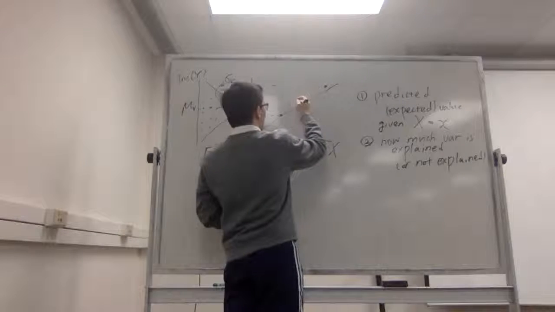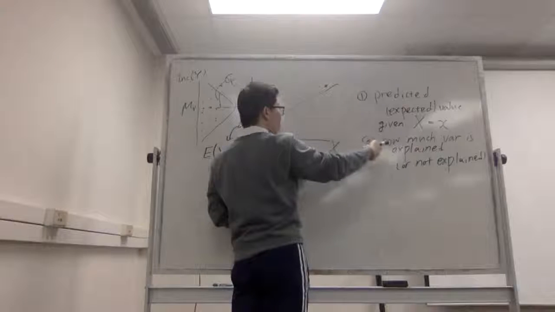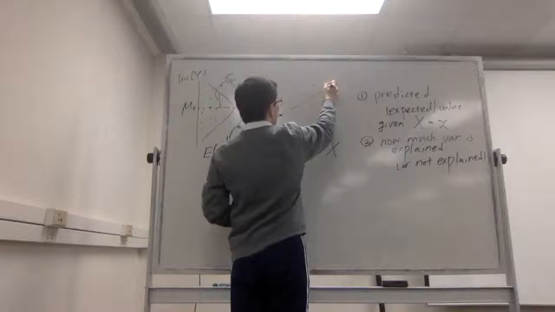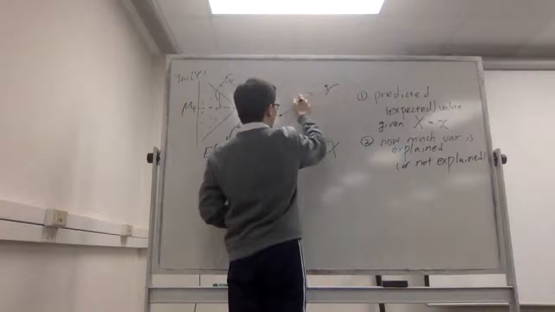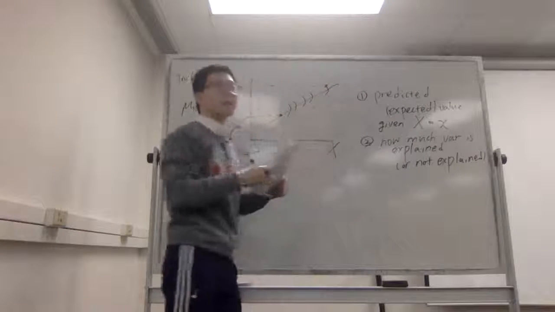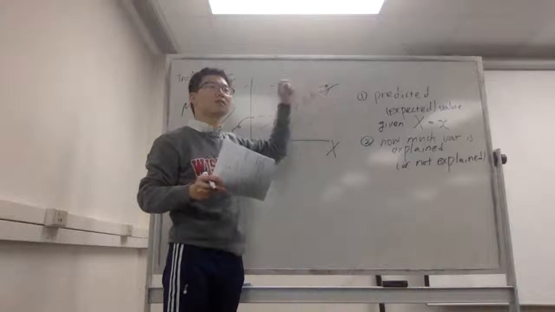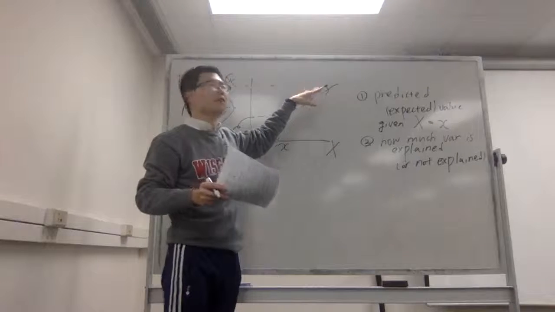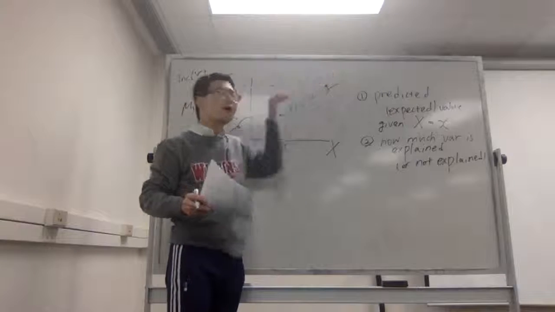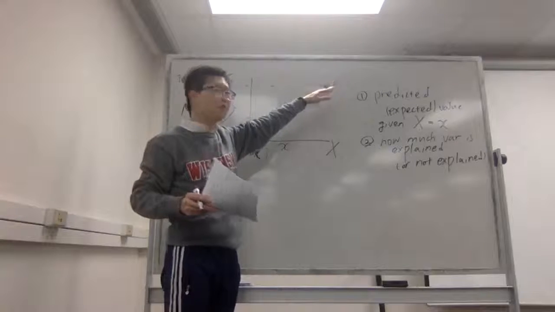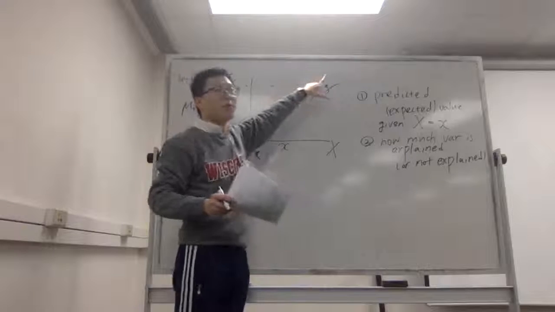And then the other component is basically how much variance is unexplained after the regression. After running the regression model, you have some unexplained components, right?